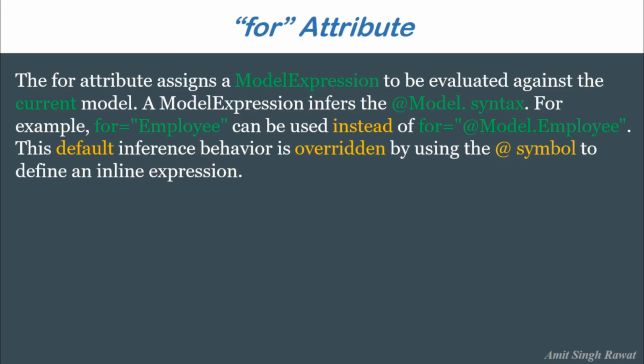This default inference behavior is overridden by using the @ symbol to define an inline expression. Here is the sample markup for attribute. Partial, then name of our partial view, then for attribute where we specified this partial view linked with employee class. Alright, let's see that in action.